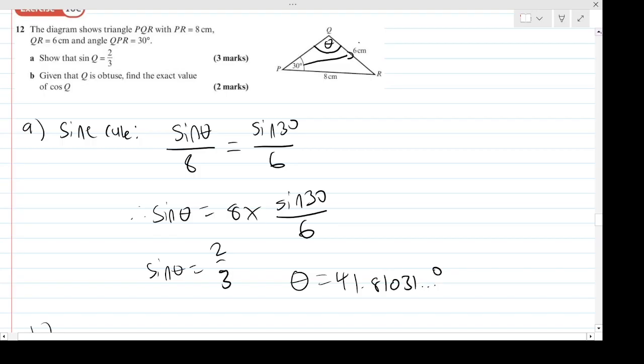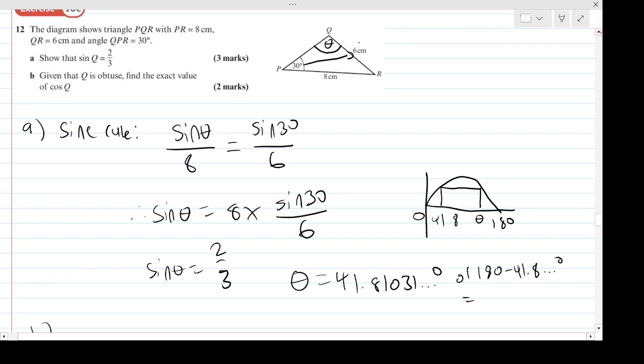But then there'll be another possible angle for theta. So if we use the sine graph, remember when we did the ambiguous case to get the second possible angle? If 180 is there and 0 is here, and 41.8 is there, then the other possible value for theta would be 180 take away this angle.